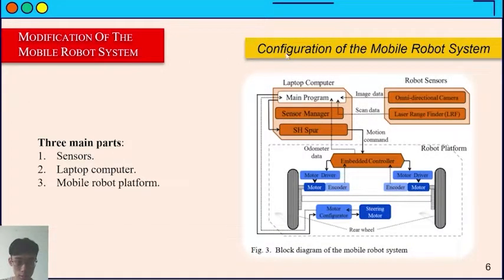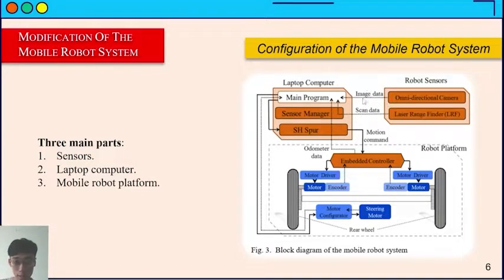We go to the configuration of the mobile robot system. There are 3 main parts. Part 1 is the sensor, part 2 is the laptop computer, and part 3 is the mobile robot platform. You can see here the robot sensor has 2 parts: the camera and the LRF.